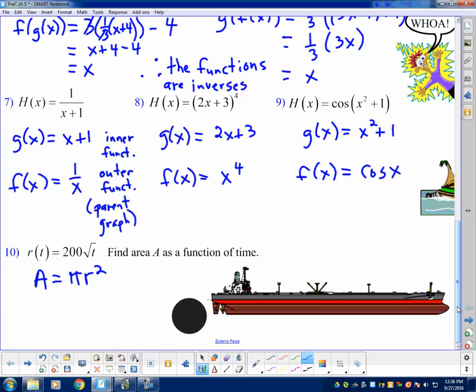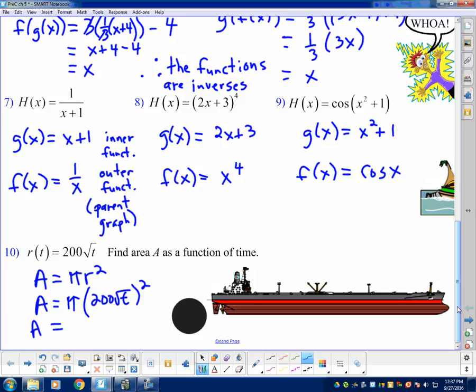But I gave you an equation for the radius, the ever-changing radius. Think about it, an oil slick is growing, right? So the radius is also a variable. It's changing, it's not fixed. So I have area equals pi, and what am I going to replace r with? I'm going to replace it with 200 root t.